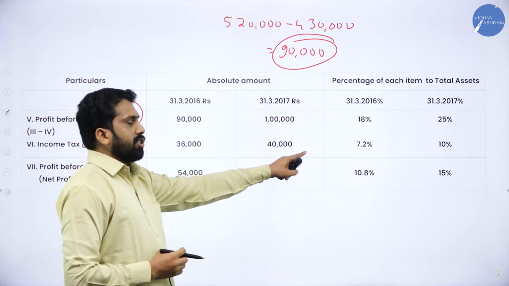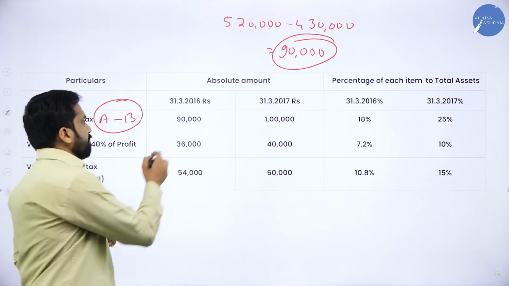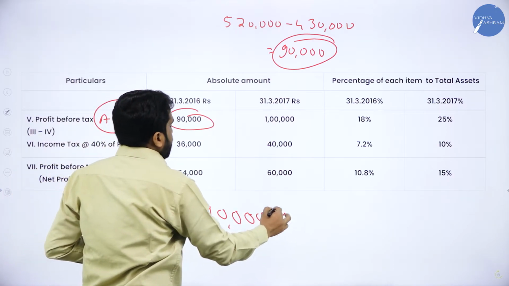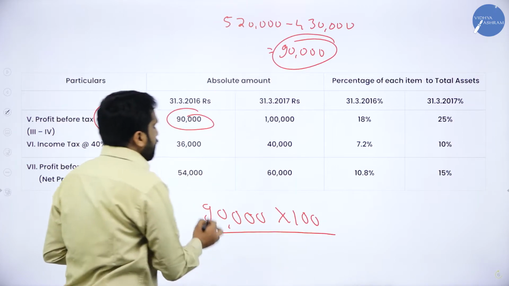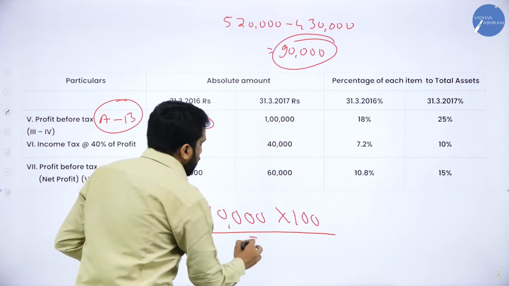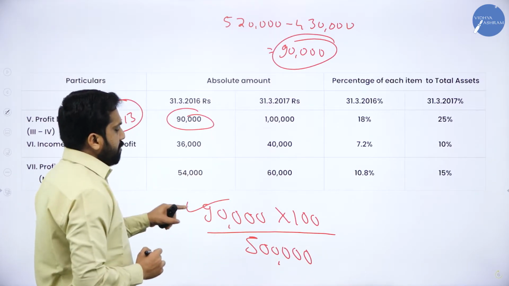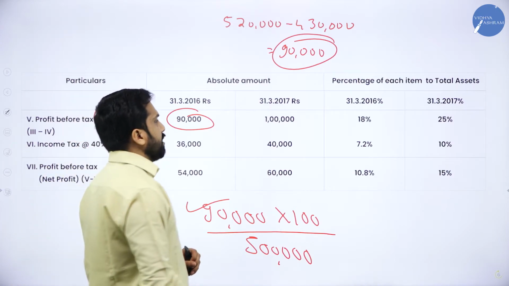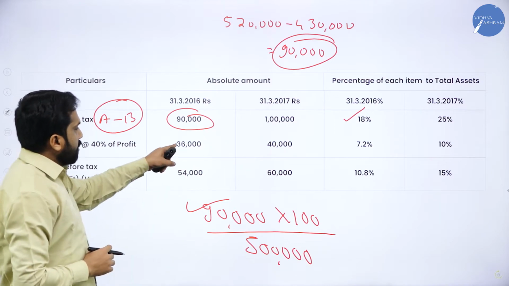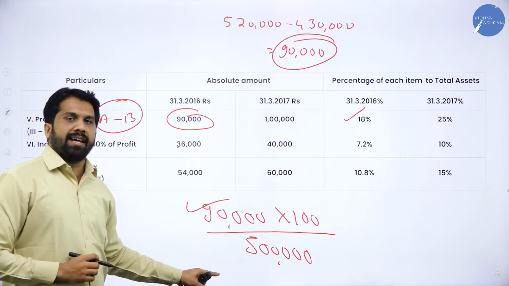Now, percentage, same calculation. I'll do one calculation in this. You have 90,000. 90,000 multiplied with 100. We are doing 2016. Then what is the denominator? The denominator is 5 lakh. If you do this calculation, you will get 18%. Similarly, 36,000 multiplied with 100 divided by 5 lakh.